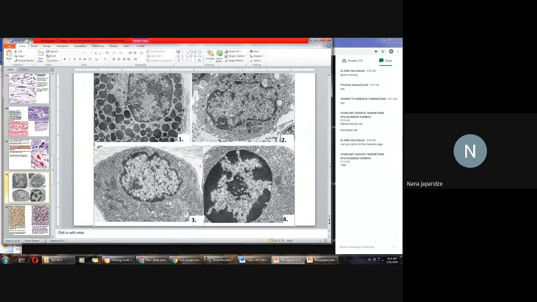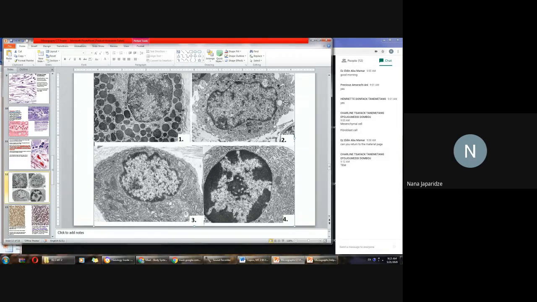So, this is characteristic for plasma cells. What is this in the center of the nucleus of plasma cell, here? What is this?